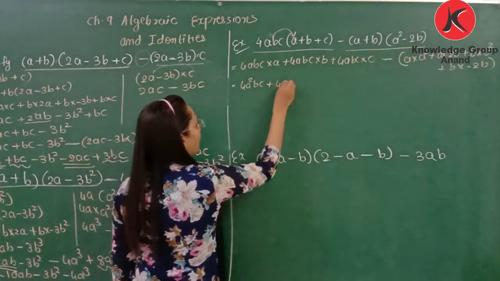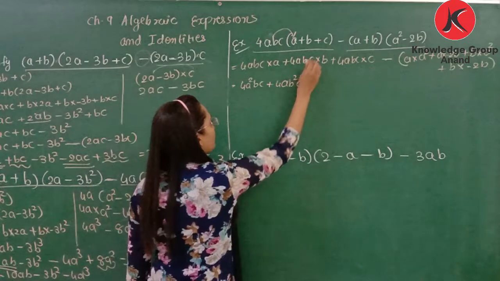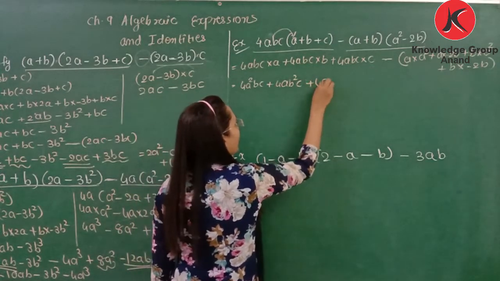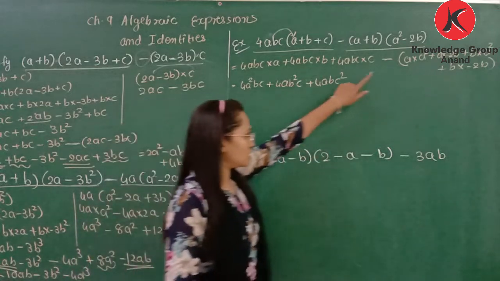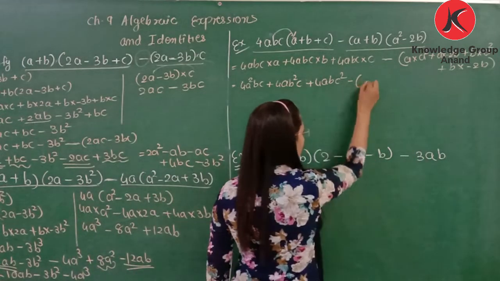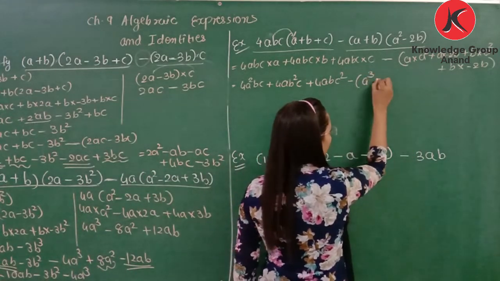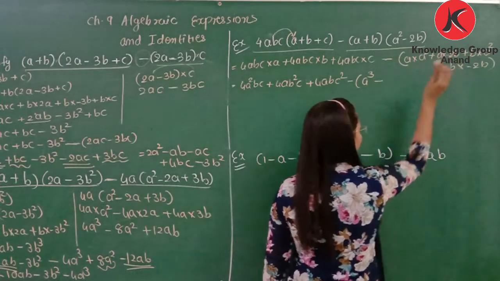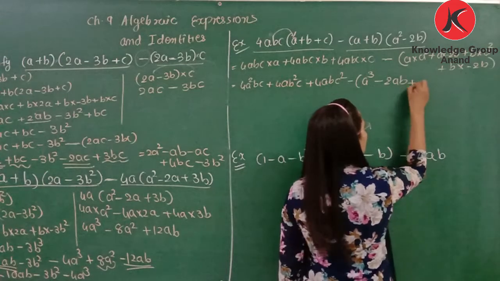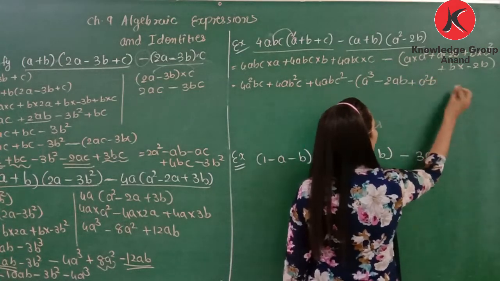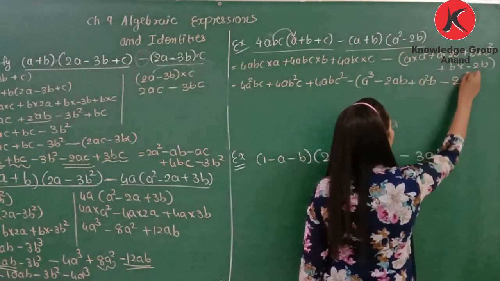Here 4ab square c and plus 4abc square. Now for this expression, minus a square a cube, a into minus 2b become minus 2ab. This is a square b and minus 2b square.